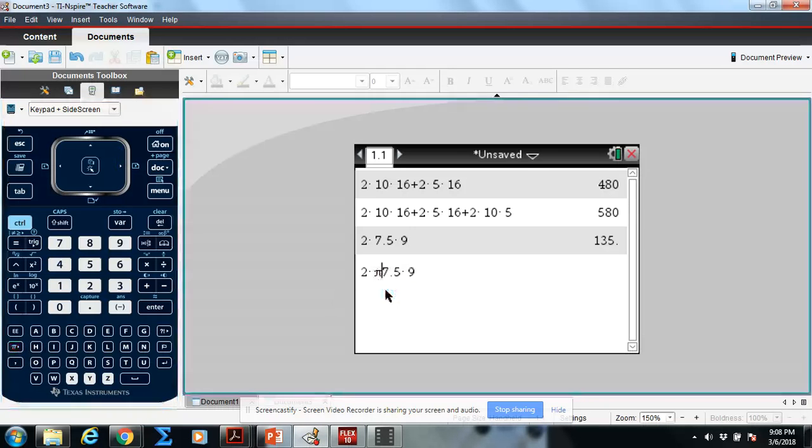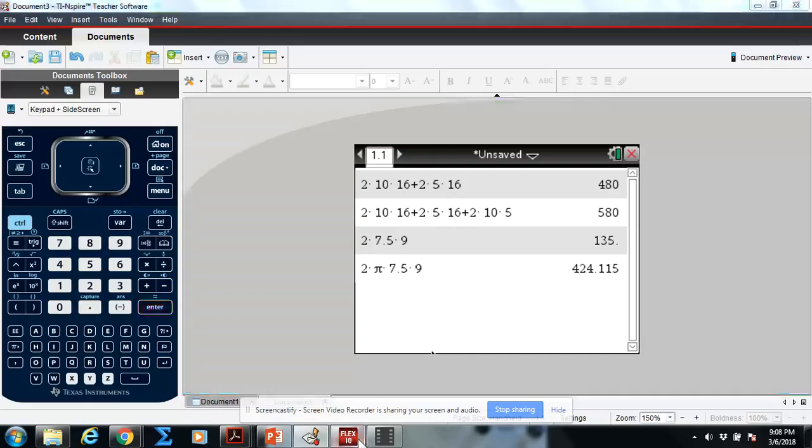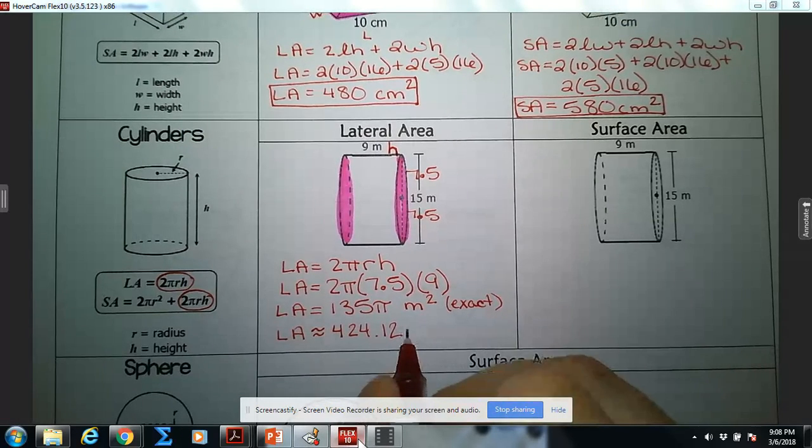You have to choose pi. Okay, so 2 times pi times 7.5 times 9. We're going to round that to the 100th, 424.12 meters squared.